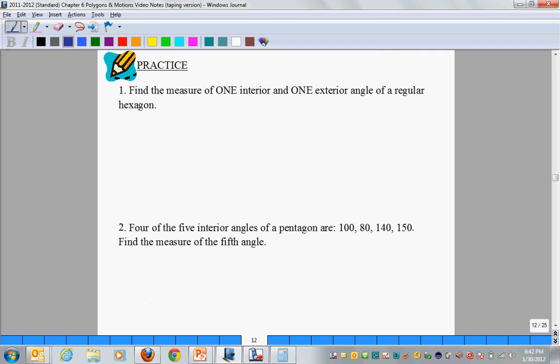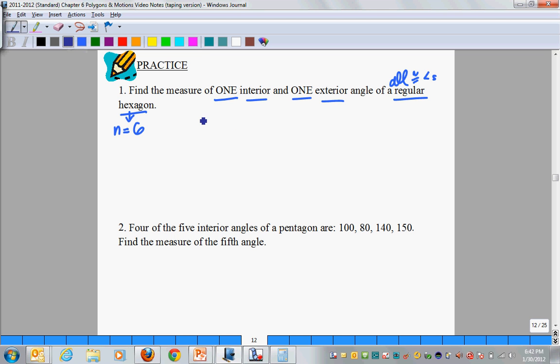Let's take out number 1. It says, find the measure of 1 interior and 1 exterior angle of a regular hexagon. Regular means all congruent angles. Hexagon means our number of sides is 6. And we want 1 interior and 1 exterior.